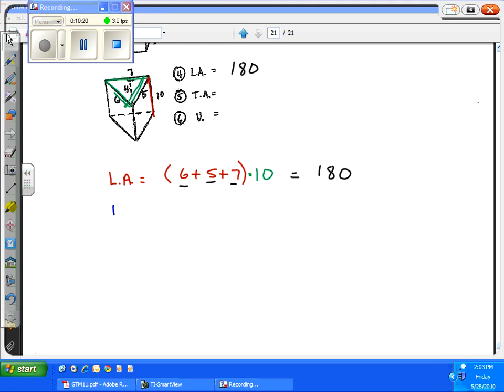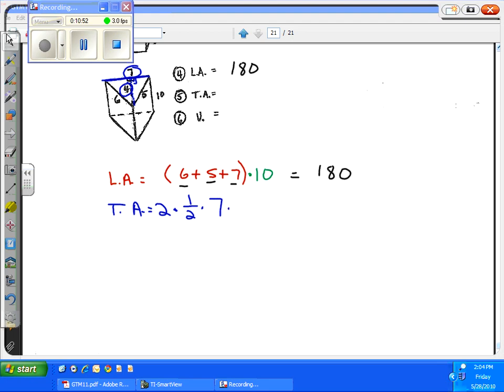To get the total area, you need to add the top and bottom to that. So we're going to have 2 times the area of the bottom. The bottom is a triangle. The area of a triangle is 1/2 base times height. We're going to make 7 the base because it's the one that has an altitude drawn to it. So we're going to use 7 as the base and 4 as the height.